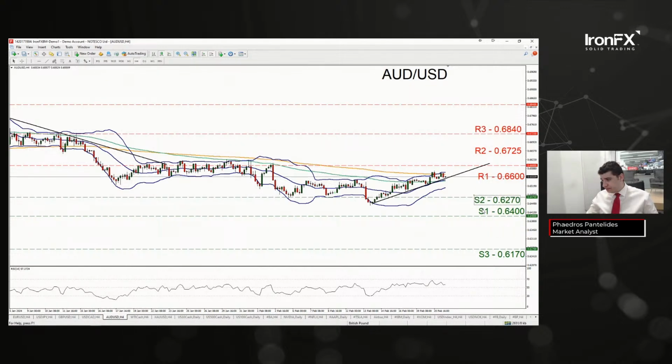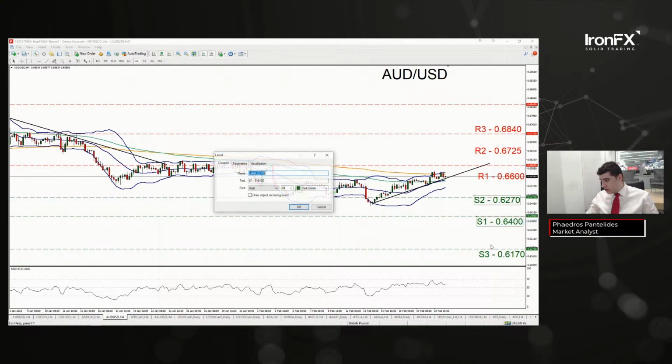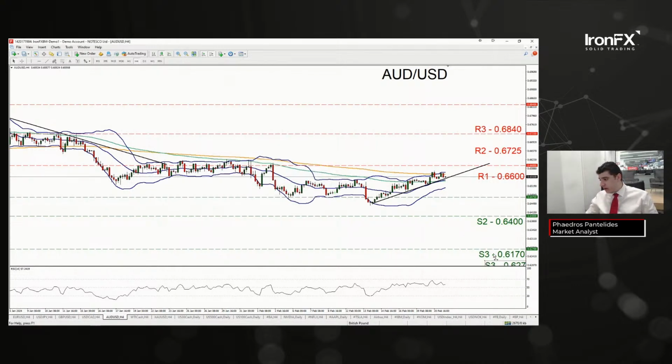Now let's just switch. So this becomes S2. Old S2 becomes S3. And then S1, 0.6475.